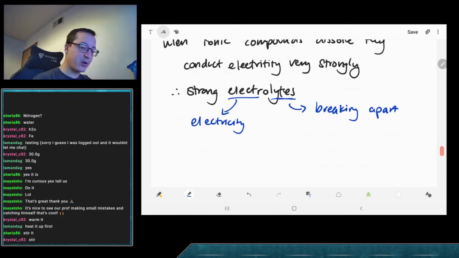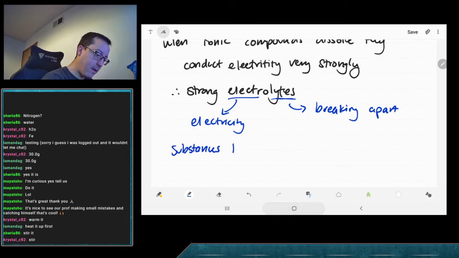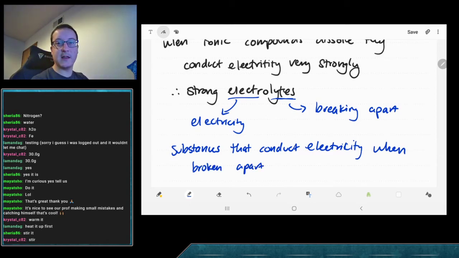So what this word actually describes is substances that conduct electricity when broken apart. All of these ions, because they're charged, allow electrons to hop around very quickly as they become attracted or repelled to the ions. And so that's why electricity is conducted.